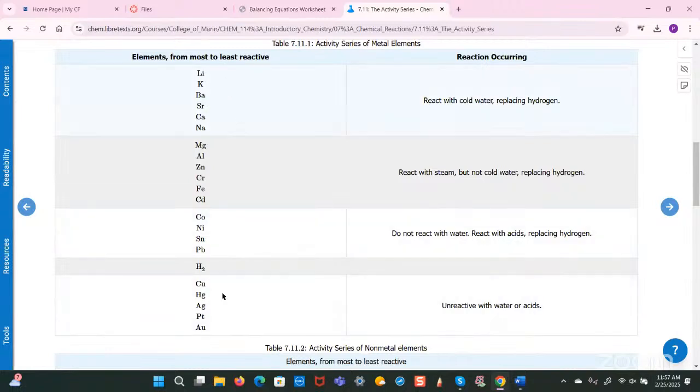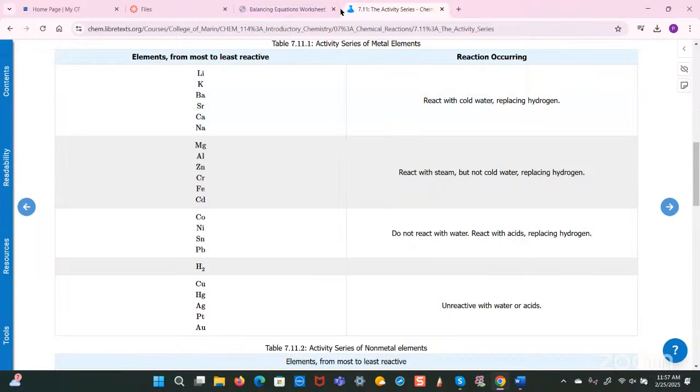And it's mostly metals we're dealing with here. Basically, we can use this series to make predictions as to whether or not a particular single displacement reaction would occur. So I'm just going to make up an example to illustrate what I'm talking about.